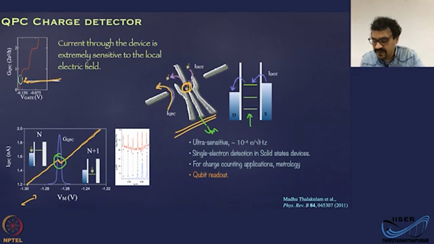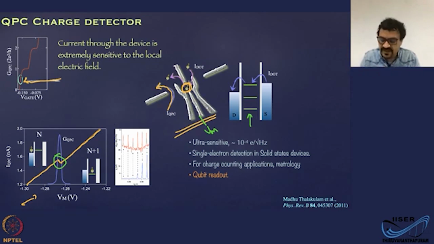And you can detect one electron at a time, which is highly beneficial and highly sought after for technology such as charge counting applications, metrology, and also reading out the state of a quantum dot based qubit. These are gated devices, so it is very easy to integrate these quantum point contacts with other gated devices, because you just need to add one extra gate to the structure.